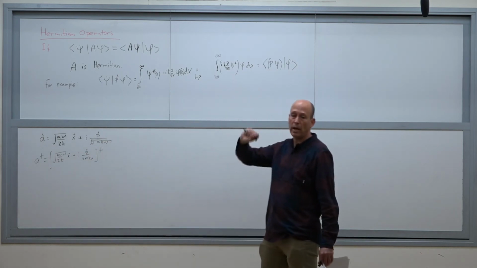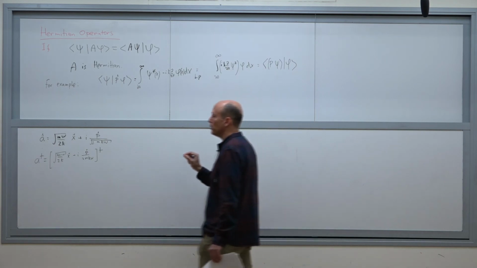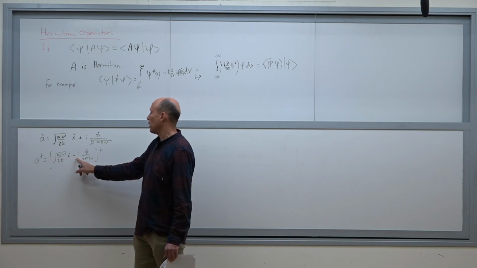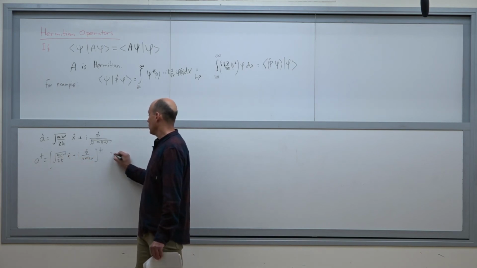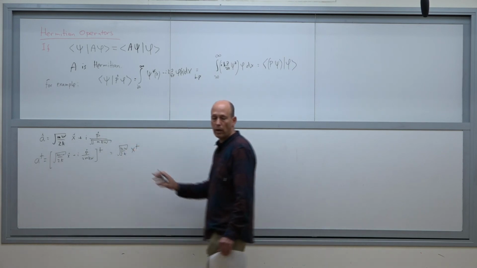If I multiply by a number, the adjoint stays the same if the number is real. When I multiply this guy, another point is what is x? So here I get the square root of m omega over 2 h bar. Here I get x bar. What is x bar?